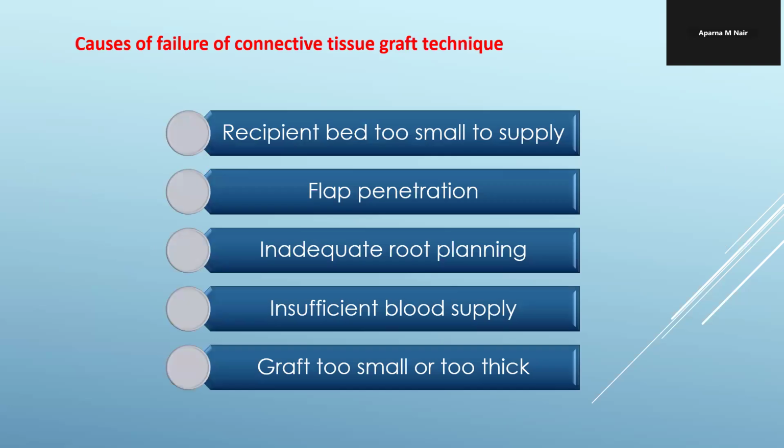But still, the causes for the failure of the connective tissue graft techniques include: the recipient bed may be too small to supply; sometimes when you reflect the flap, perforations occur; there can be inadequate root planing or insufficient blood supply; or maybe the graft you harvested may be too small or too thick. So these are the reasons why the connective tissue graft fails.